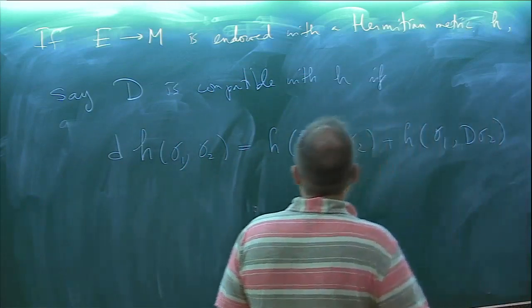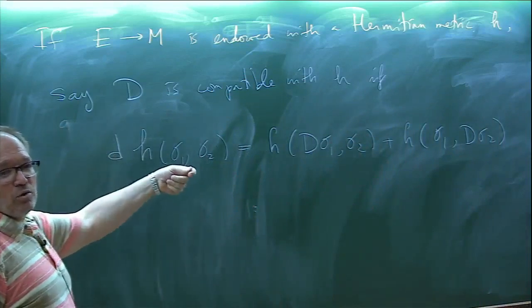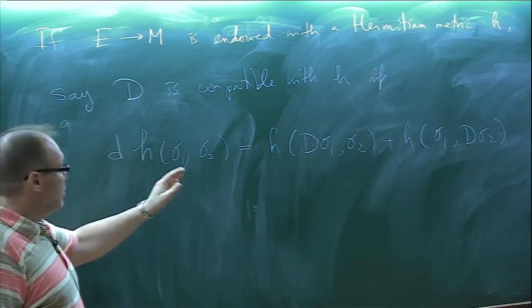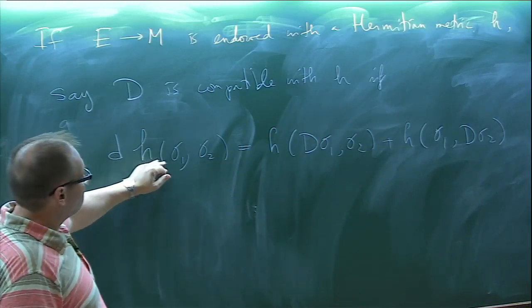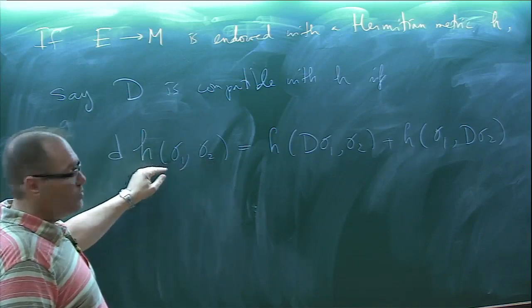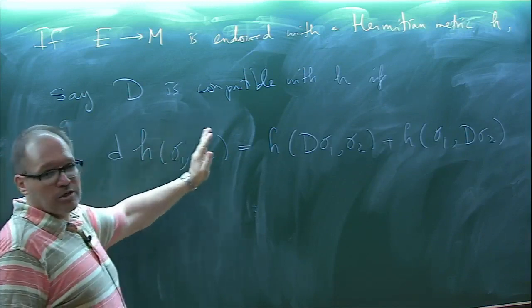So remember before I said that a metric H can be thought of as a section of the dual tensor with the complex conjugate of the dual. So if you like, when you have this metric H and these two sections, this is a pairing of H with sigma 1 tensor sigma 2. So there's actually three objects here.